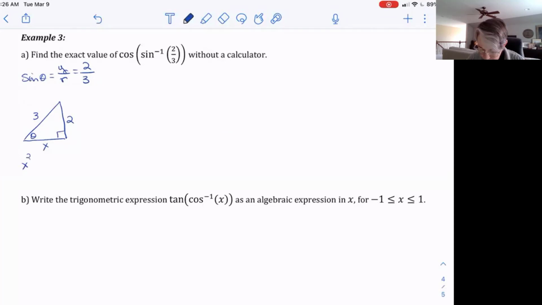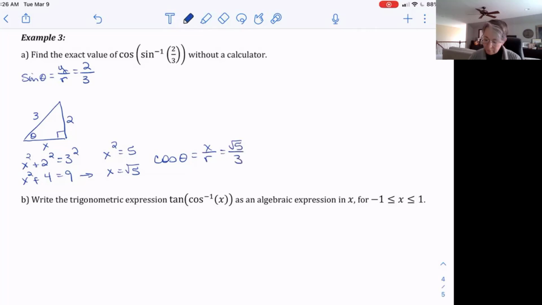So we know x squared plus 2 squared should equal 3 squared, so x squared plus 4 equals 9. That gives us x squared equals 5. So our x would be the square root of 5. So that means that the cosine value of that angle, which is x over r, would give us a rad 5 over 3.